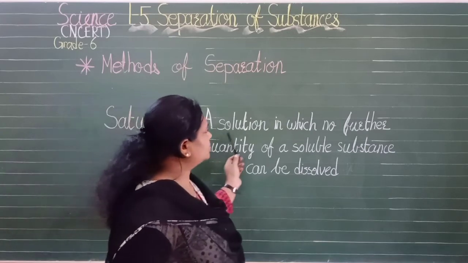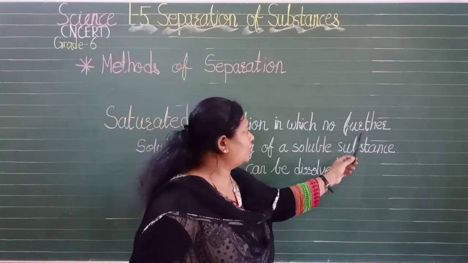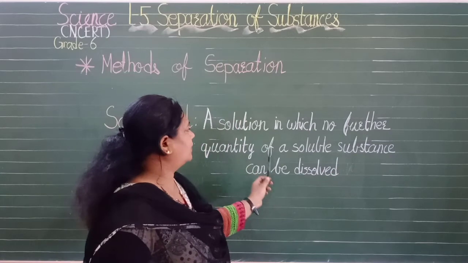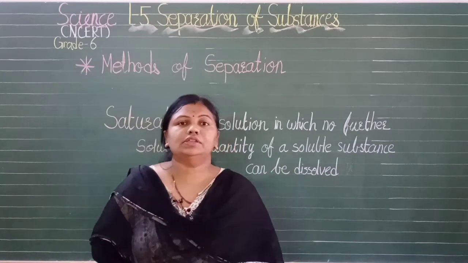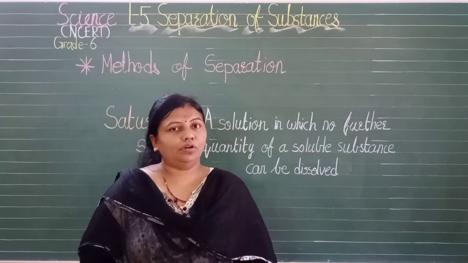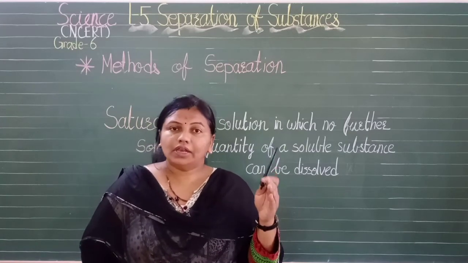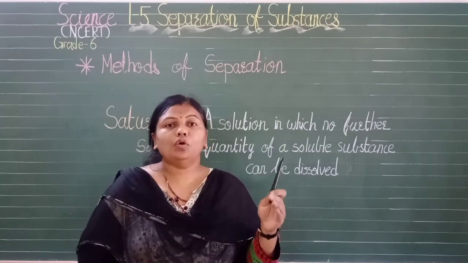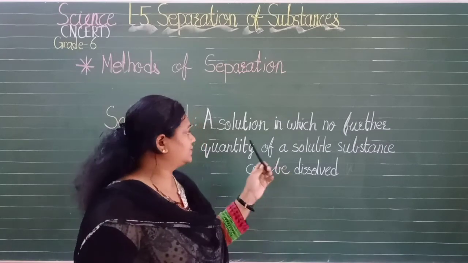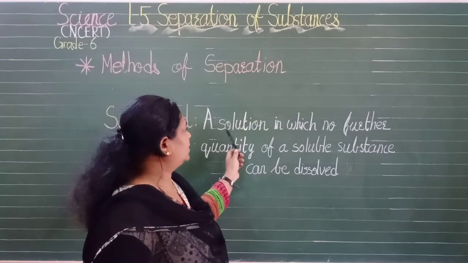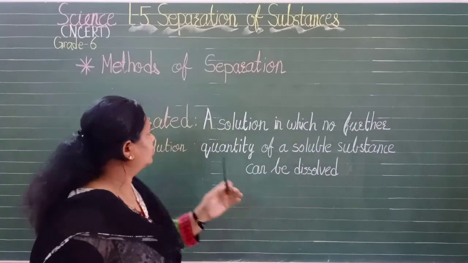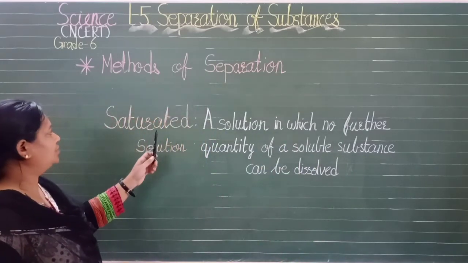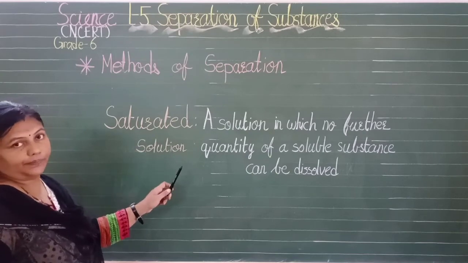It is a solution in which no further quantity of a soluble substance can be dissolved. Though sugar is soluble, it will not dissolve, because a level has come when no more substance can be dissolved in that solution. So this terminology is known as saturated solution.